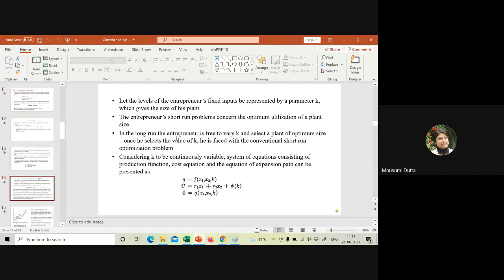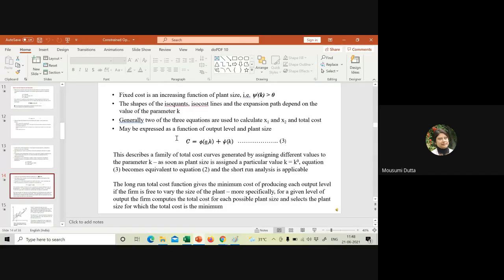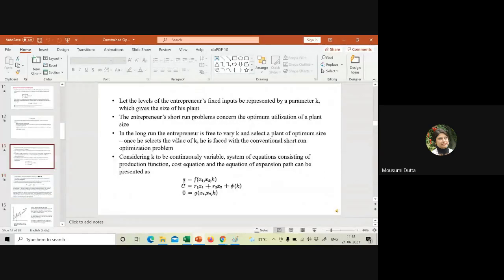And we will consider psi prime k to be positive. That is, fixed cost is an increasing function of plant size. Okay, if you select a bigger plant size, in that case, your cost will be higher. Fixed cost component will be higher. So psi k is appearing here as the fixed cost component.